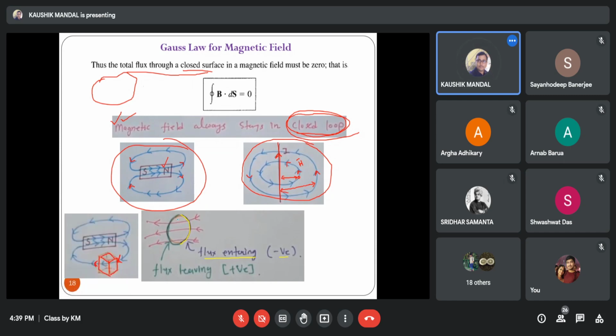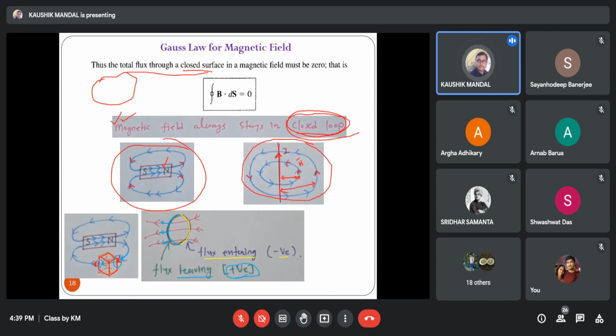Now on the right hand side of this closed surface, if we consider this particular area or length over this closed surface, the fields are leaving the closed surface. That means flux is leaving, so it is positive. Similarly, if you consider this particular surface, fields are entering.